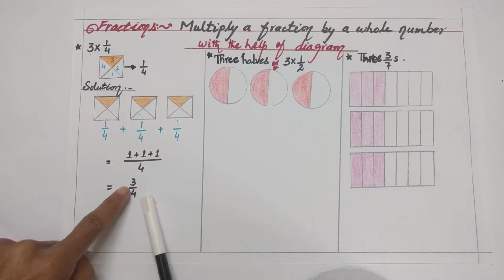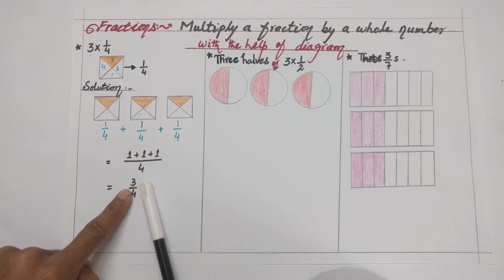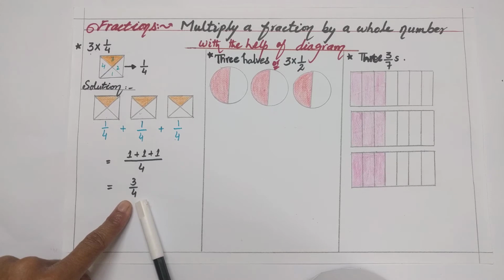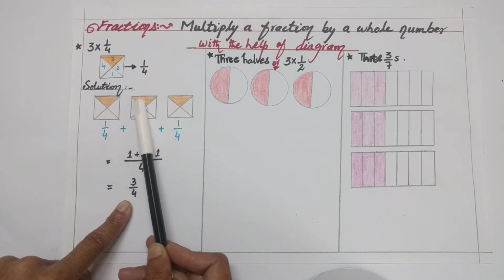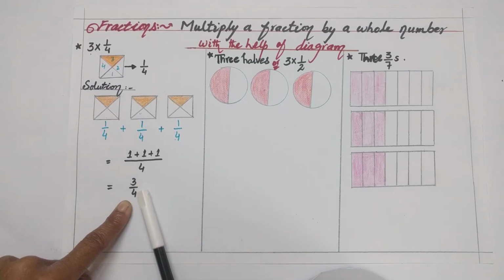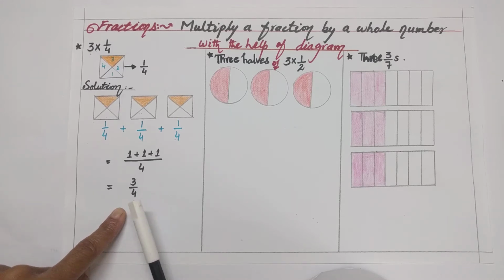That's why in the answer we have 3 as a numerator and 4 as a denominator. Got it? You can also solve this example directly. How? Look at this.